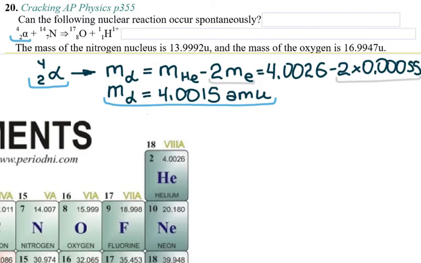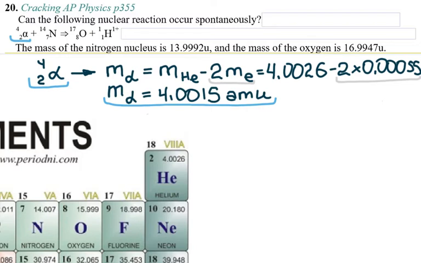To answer this question, we first have to figure out the mass equivalent of the disintegration energy, and for that we have to calculate the mass defect. I'm looking for the mass of the alpha particle, which is the mass of the helium minus the mass of 2 electrons, because it's the ion of the helium atom.